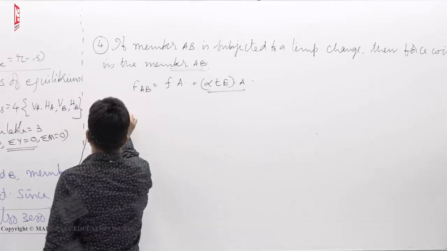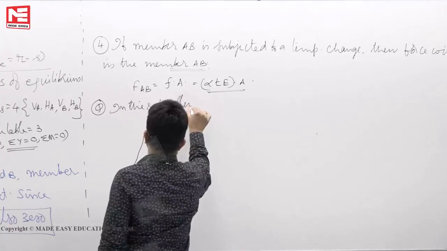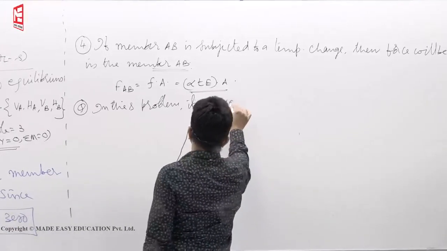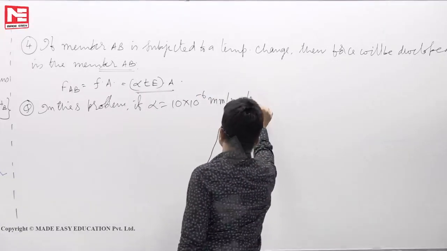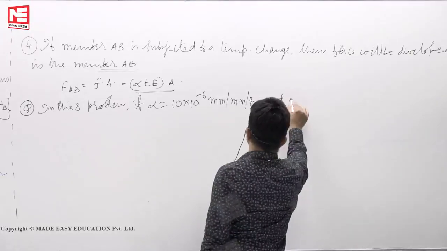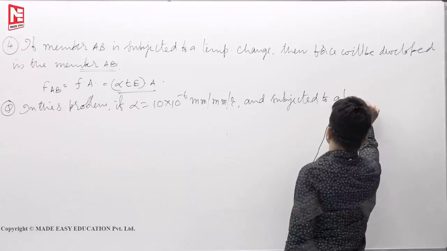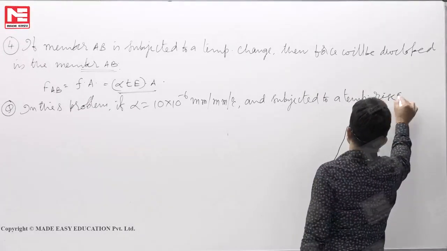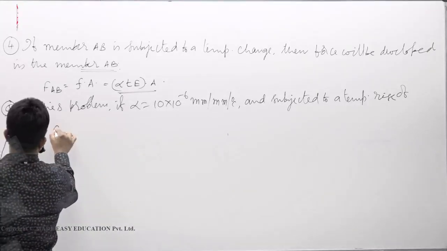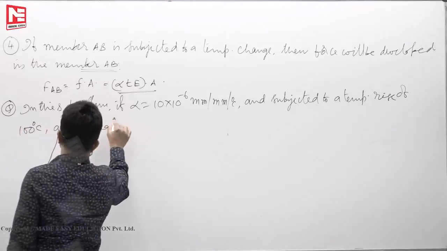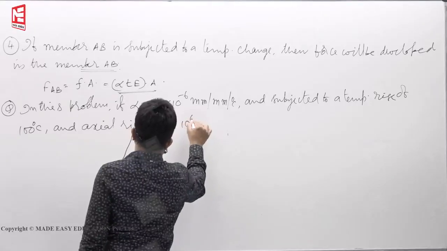Okay. Supposing that in this problem, alpha is equal to 10 into 10 to the power of minus 6 mm per degree centigrade, subjected to a temperature rise of 100 degrees centigrade, and axial rigidity is 10 to the power of 6 Newton.